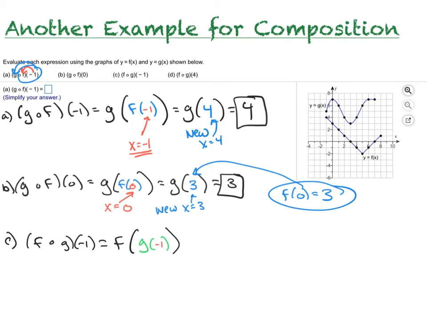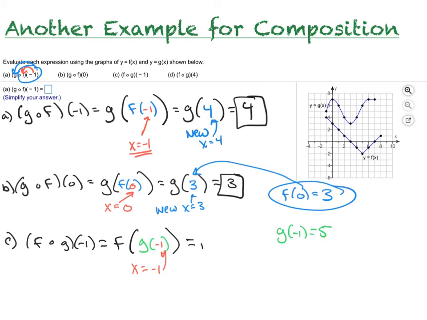So the x value we're looking at is x equals negative 1. Now I don't want to go up here to 4. That was for f. I want to figure out g of negative 1. So at negative 1, g is 5. So g of negative 1 is 5.